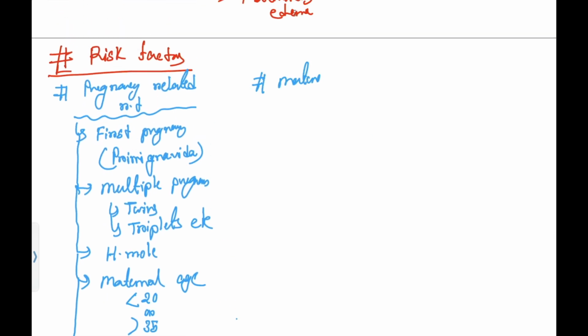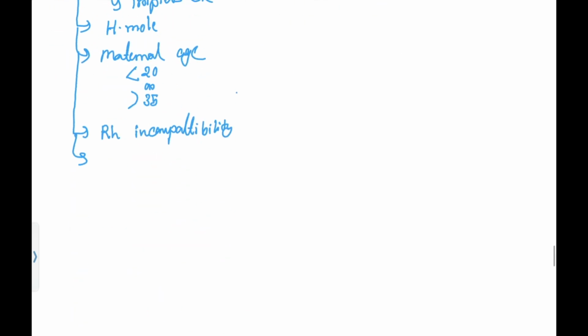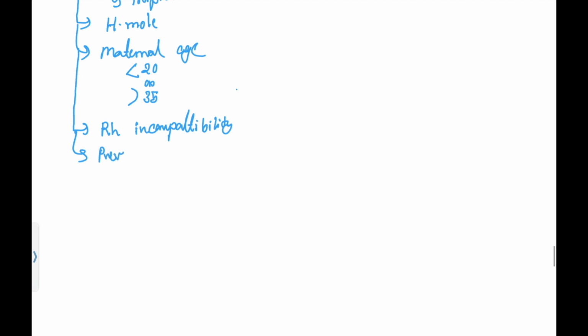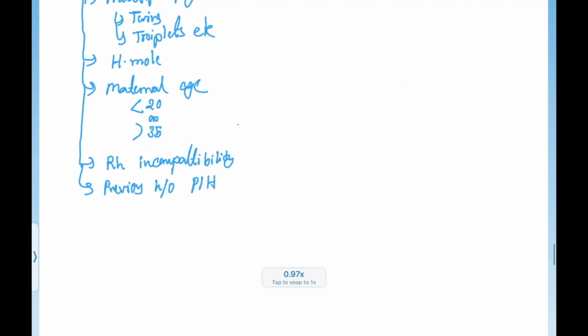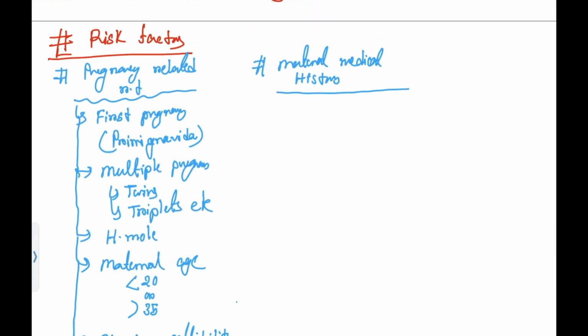Then maternal medical history. Okay, here another one is previous history of PIH. If the mother had her first pregnancy with PIH, then that can also be a risk factor for her second pregnancy. Now coming to maternal medical history, if the mother is suffering with chronic hypertension, that can be a risk factor.